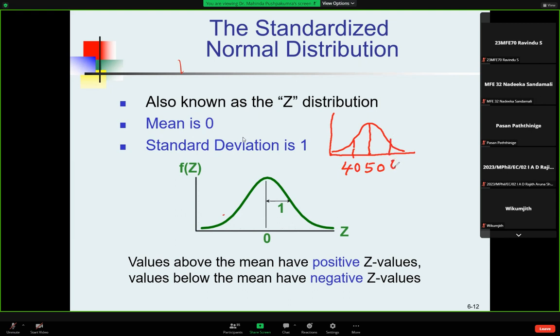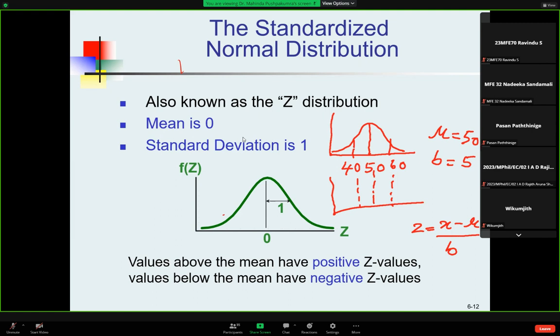Please write down this one. Let's assume mean is 50, standard deviation is 5. Then Z is equal to x minus mean divided by standard deviation.